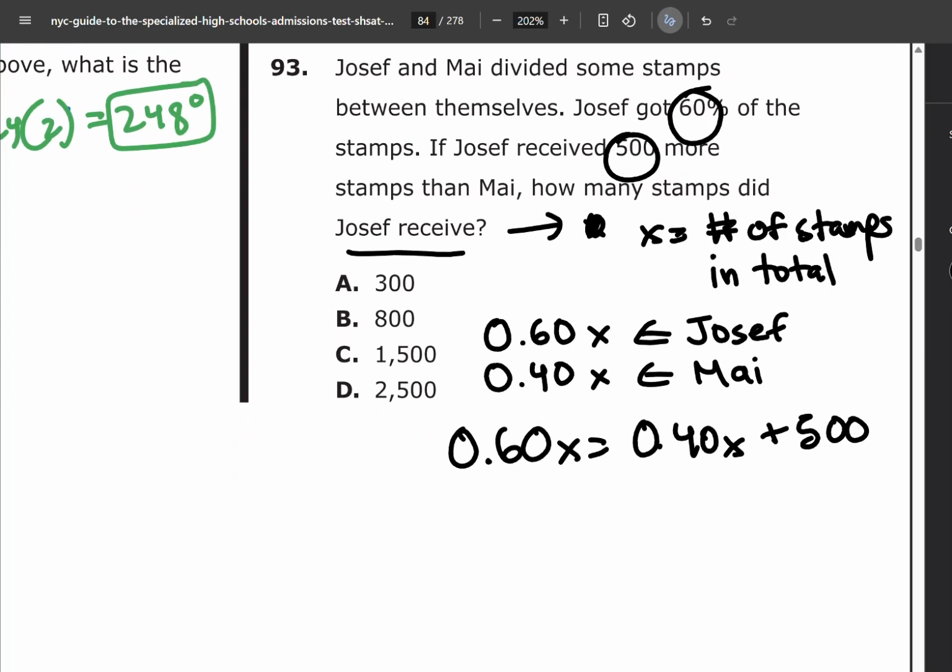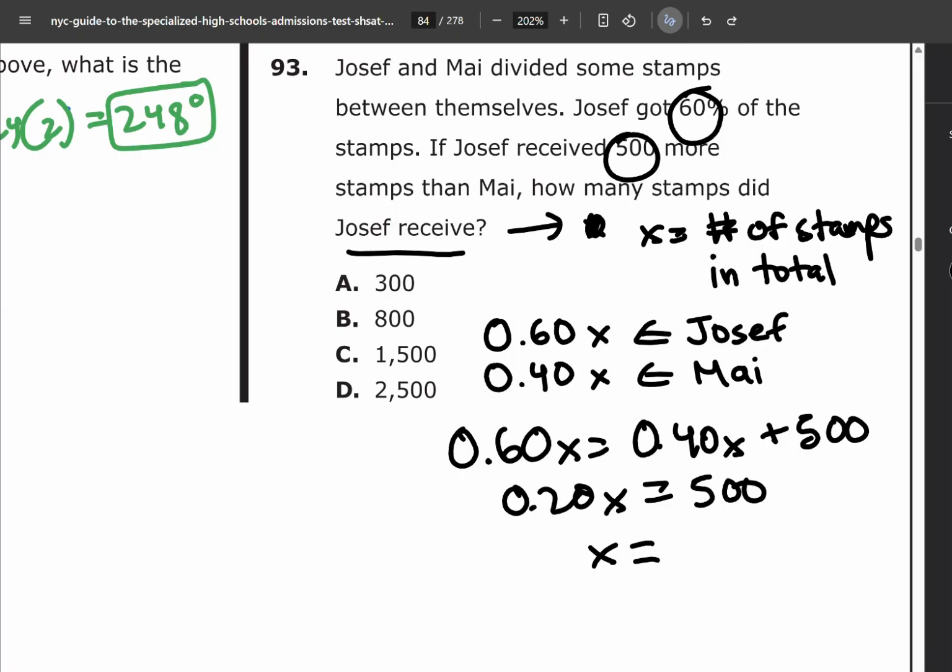And last but not least, all we have to do is just solve. So solve algebraically like we have been doing the past few lessons. The answer is not 1,500. That is the answer to the question.